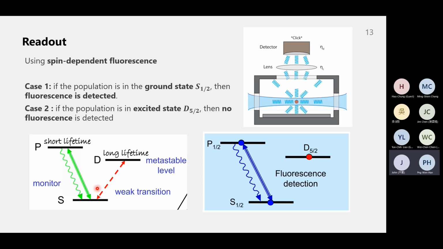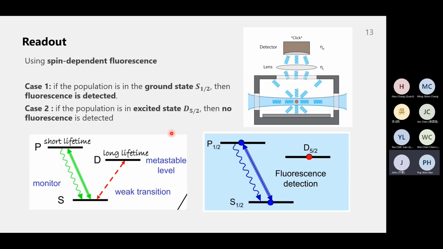For example, let's look at these energy levels, and we are choosing S and D as our qubit levels because D has a longer lifetime. And we use the SP transition for fluorescence detection, which means we apply lasers on resonance to S and P. If there is population in the S state, it will be driven to the P state, and then the spontaneous emission will give out photons, and we will detect the light.